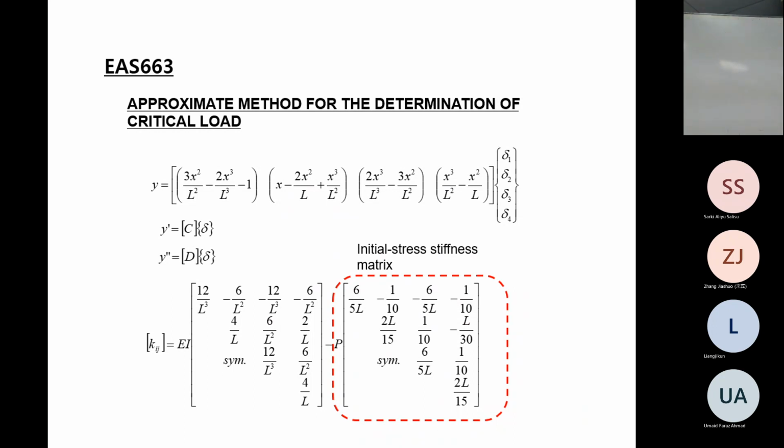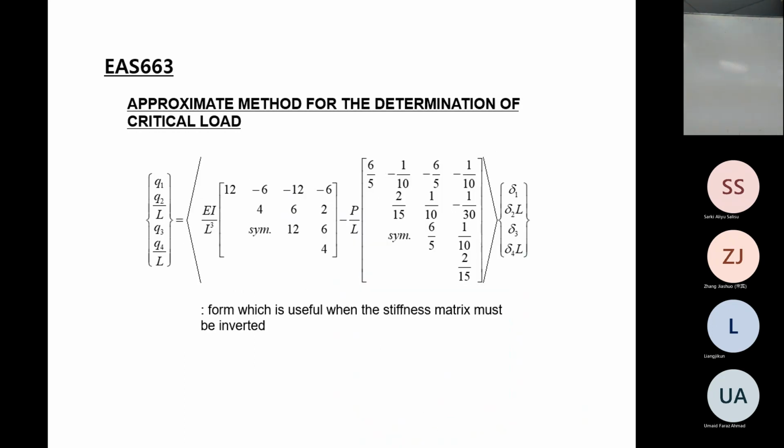They are the same. But for hand calculations, it is changed into this form.